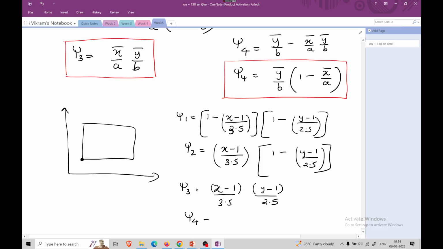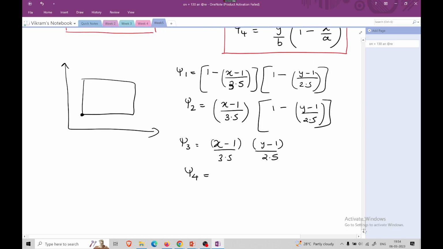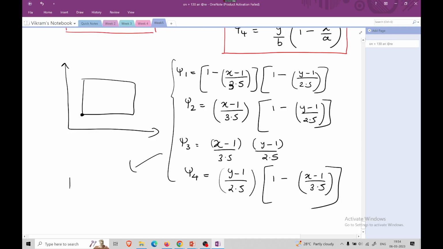Psi 4 is equal to y minus 1 by 2.5 into 1 minus x minus 1 by 3.5. So these are my interpolation functions. This is in terms of x and y.